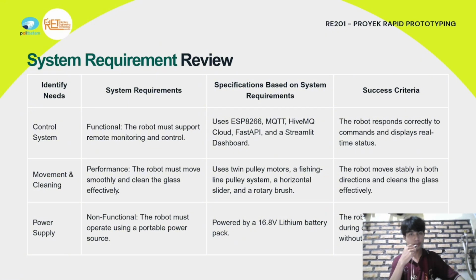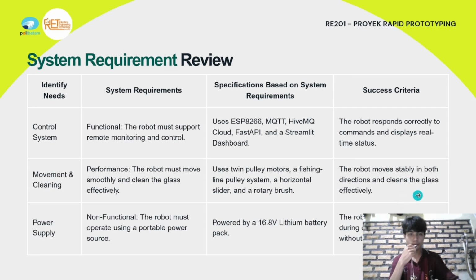In specification, based on system requirement, we use ESP8266, MQTT, HiveMQ Cloud, FastAPI, and a Streamlit dashboard. We use twin pulley motors, a fishing line pulley system, a horizontal slider, and a rotary brush.